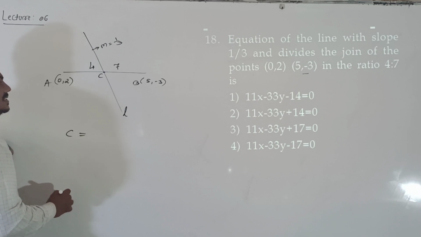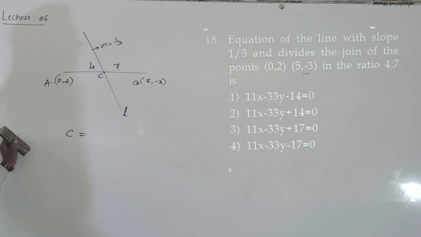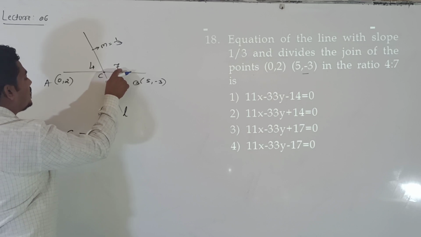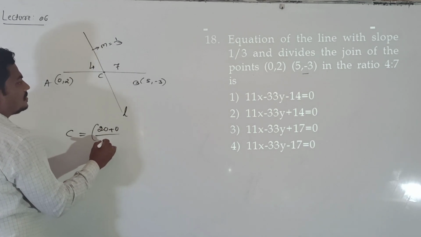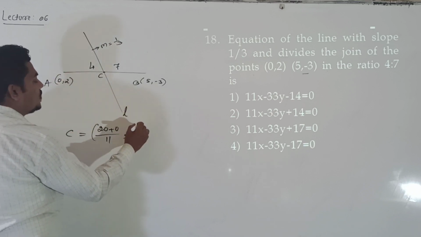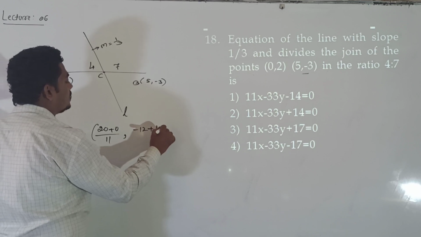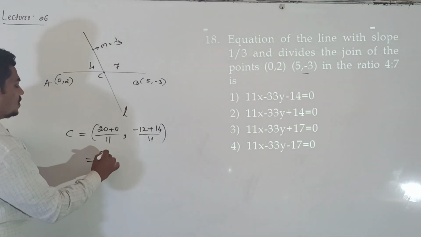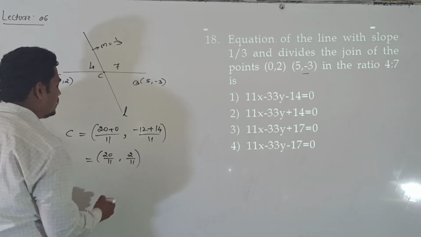Then coordinates of C are, by the section formula, since point C lies between A and B, internal division: (m x2 plus n x1) is 20 plus 0, divided by m plus n, that is 4 plus 7, that is 11 only. Then (m y2 plus n y1) is -12 plus 14, divided by m plus n, so C equals 20 divided by 11 comma 2 divided by 11.